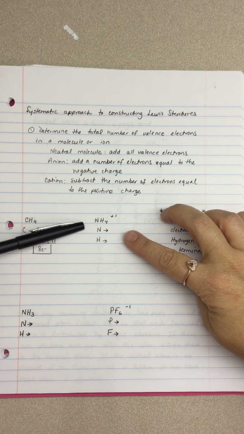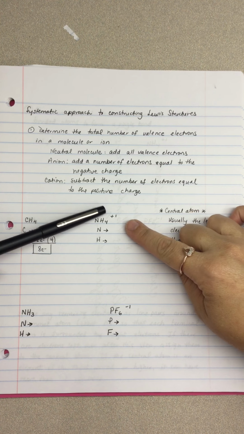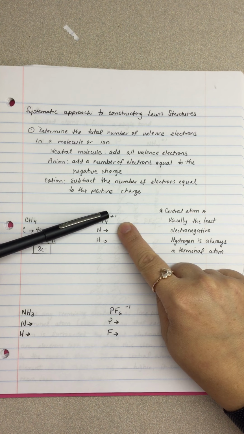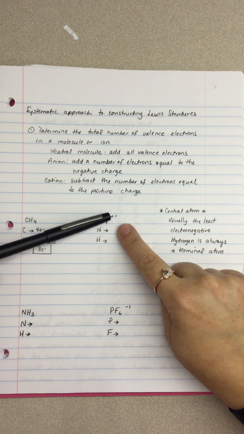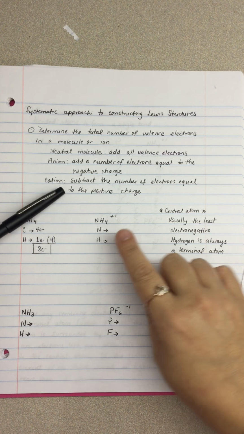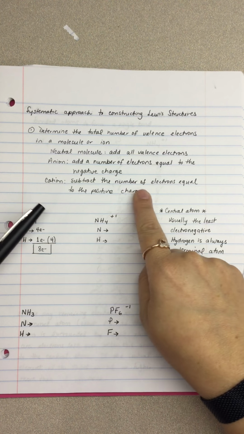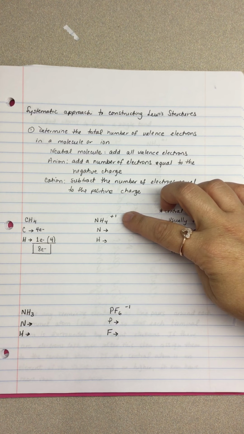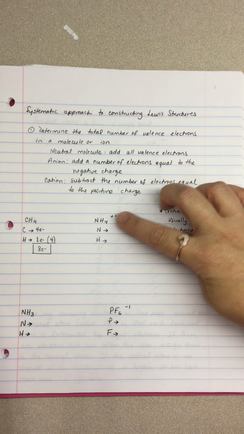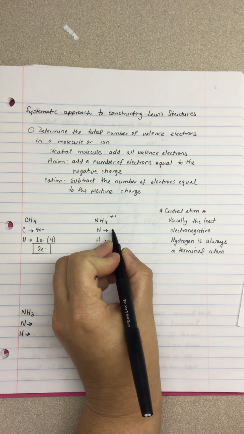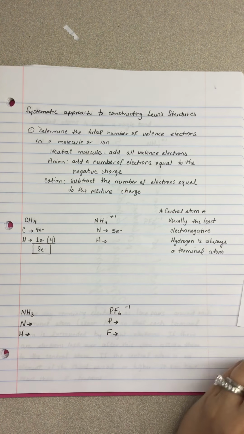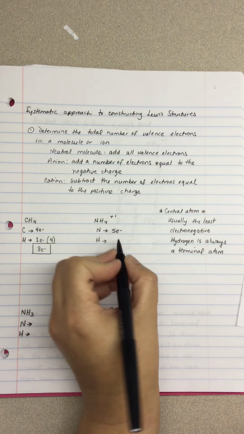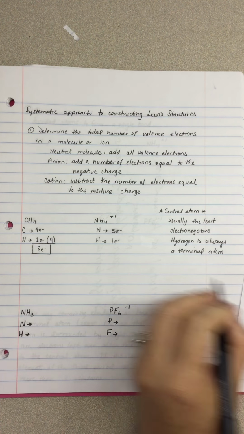Then we have NH4 plus 1 here, and for NH4 plus 1, your molecule here has an overall charge. So now you have an overall charge which is a positive, and whenever you have a positive charge, you need to subtract as many electrons as the charge is telling you. So let's start with nitrogen. Nitrogen is in group 5 in the periodic table, so that's 5 electrons. And then you have hydrogen, and hydrogen is in group 1, that's 1 electron.